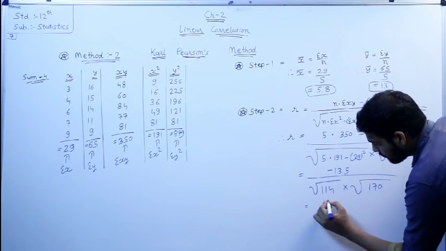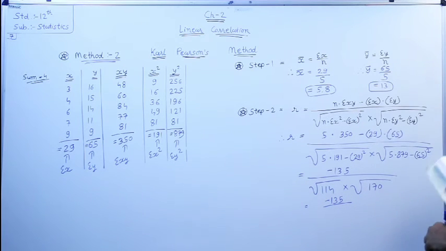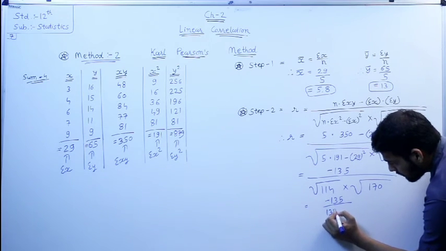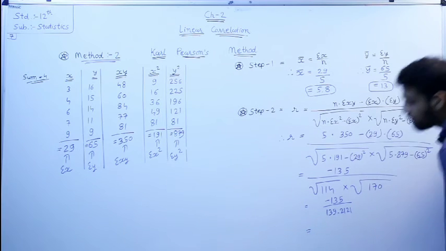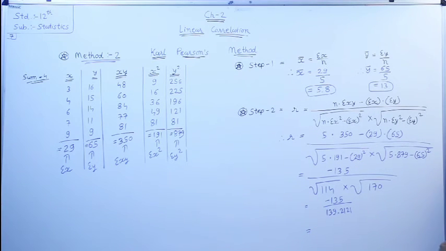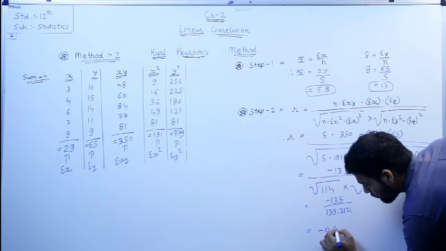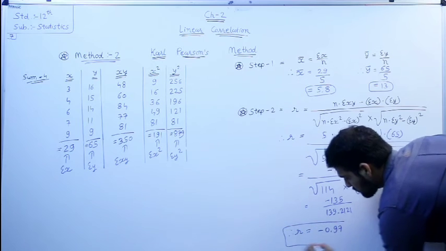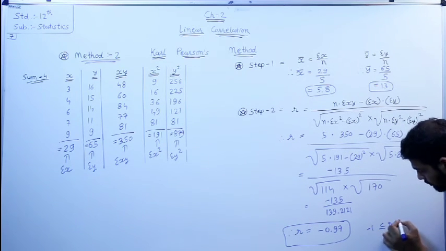So after removing these roots and the multiplication of both values we get the answer 139.2121. So after division we get the answer of r is minus 0.97. Okay students, so again this answer is between -1 to plus 1.